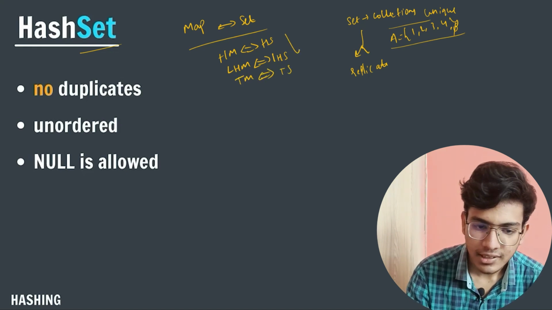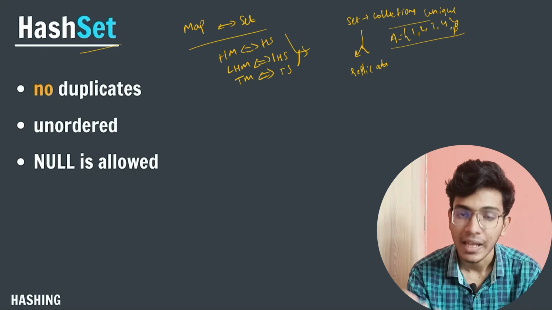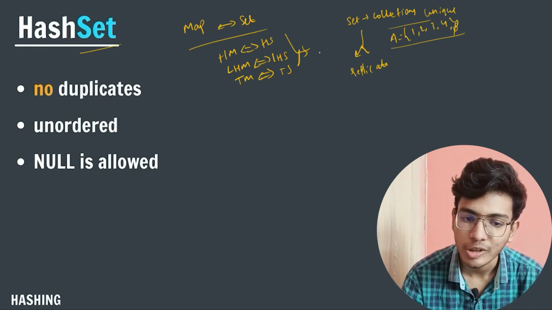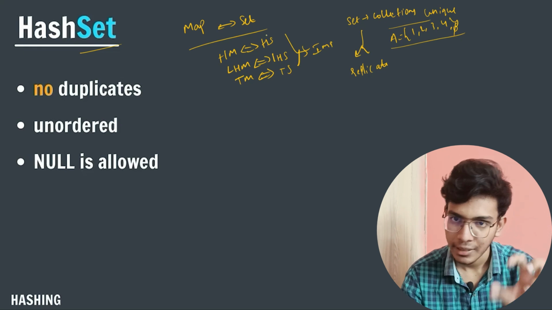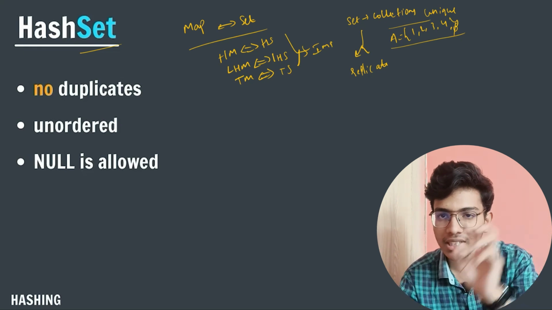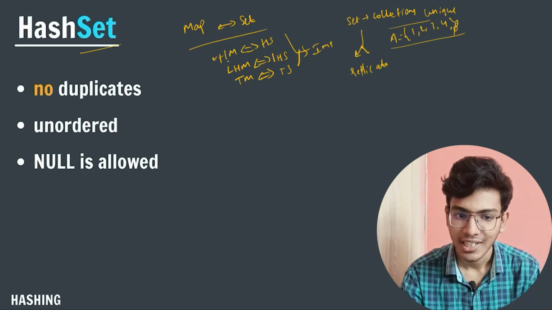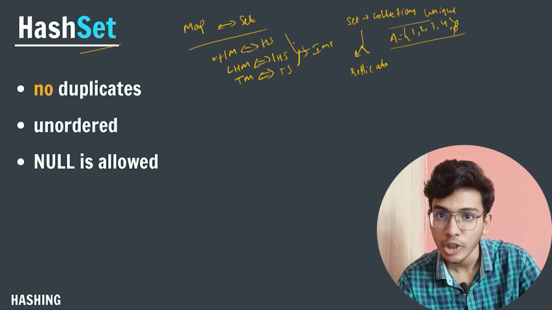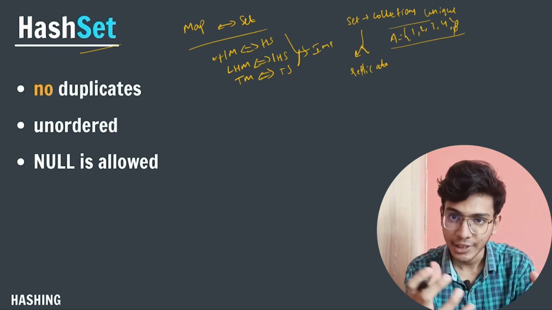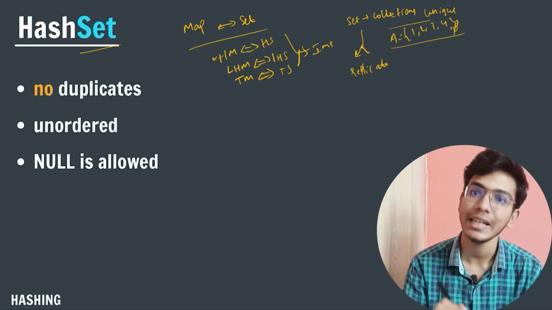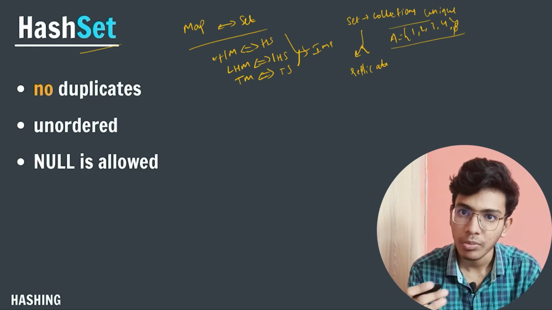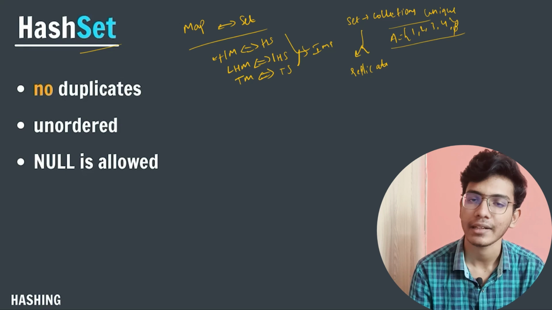And not just the operations we perform, the internal implementation is also the same. A hash map is implemented on an array of linked lists, using a singly linked list. Similarly, linked hash set is also implemented as an array of linked lists, but we use a doubly linked list there. And tree set is implemented using the concept of red black trees, right?